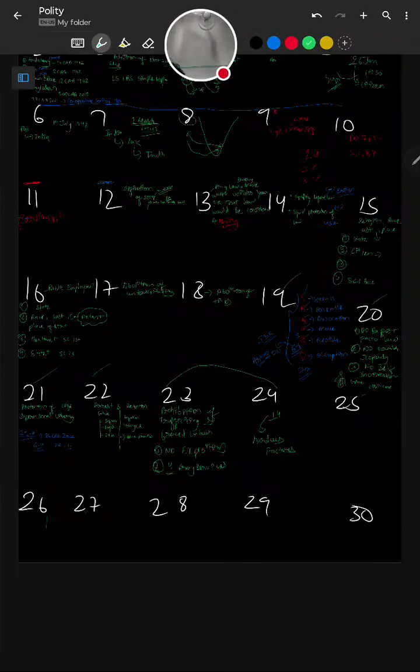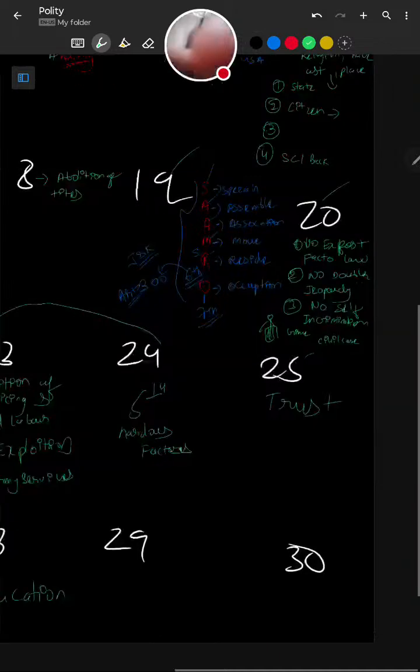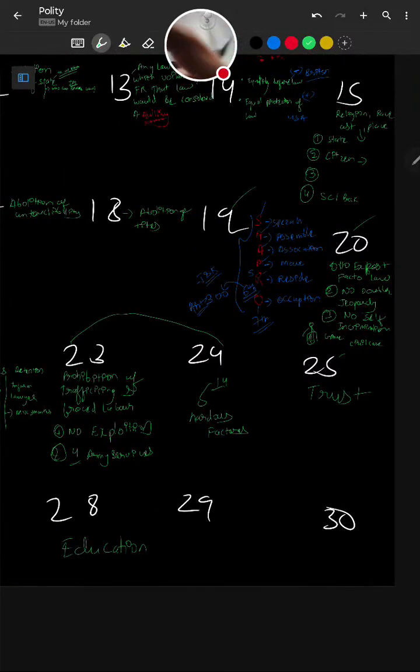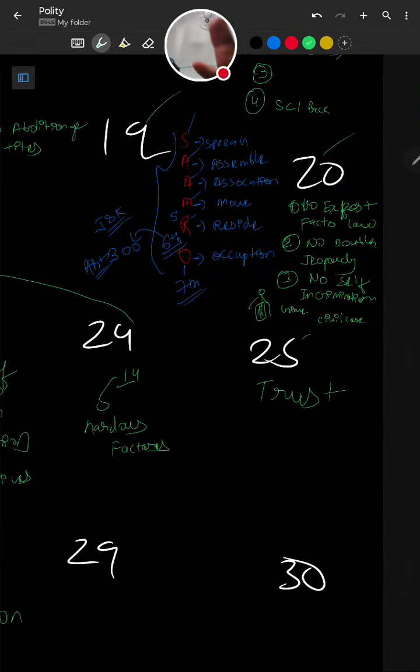First of all, learn 25 as trust. 26, learn it as affair. 27, learn it as tax. 28, learn it as education. Now to learn this is pretty easy. 25 till 28 are for religion. First of all learn that 25 till 28 are for religion, right?